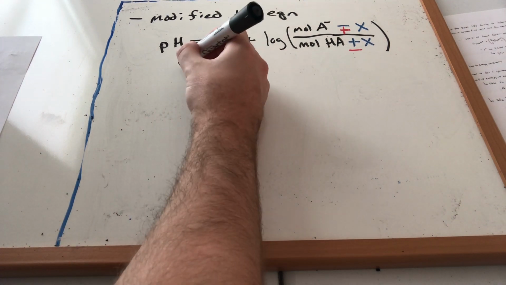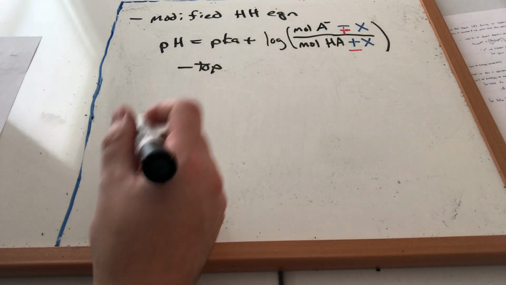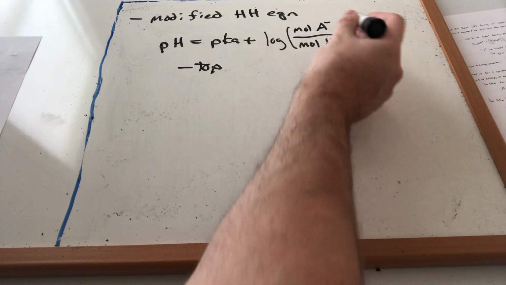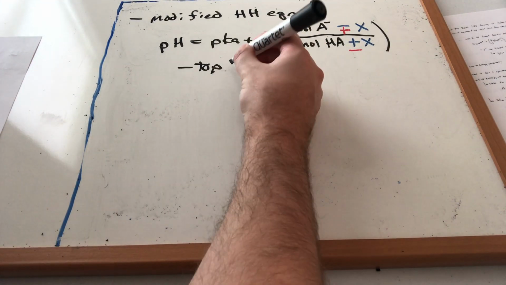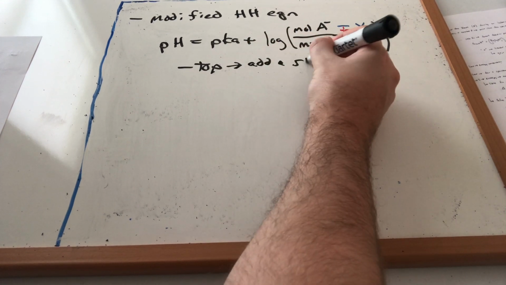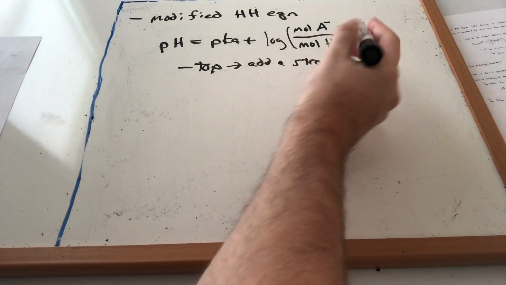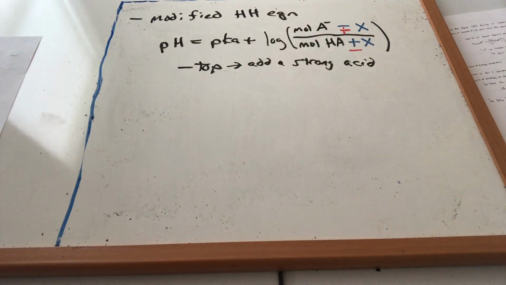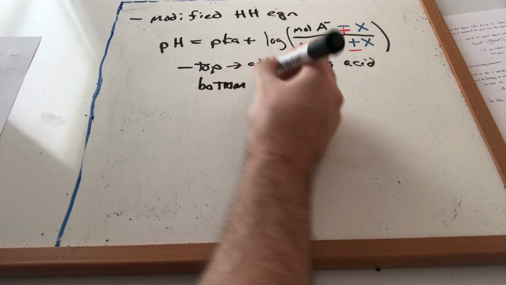You're going to use the top choice, they're blue here in this little example, the minus plus, when you add a strong acid. And that's directly from our ICE table statements. You're going to use the bottom choice, the plus minus, when you add a strong base.